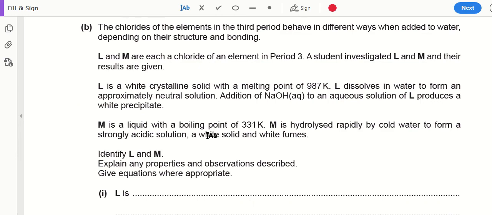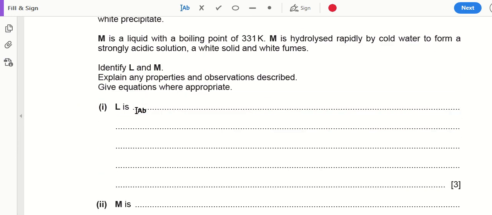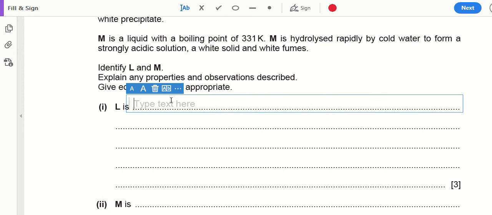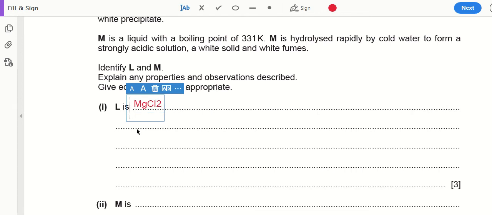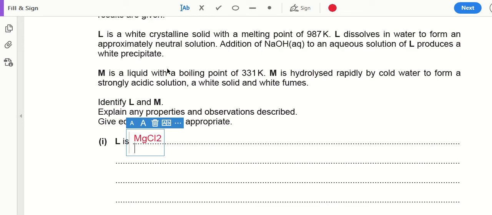So we go back to the question. We know that L is magnesium chloride. Now explanation. You can explain from any points in the results. For example, I want to say, this produces a white precipitate.